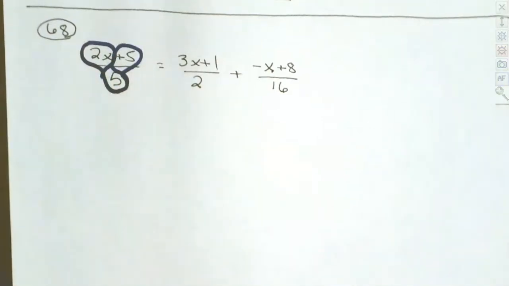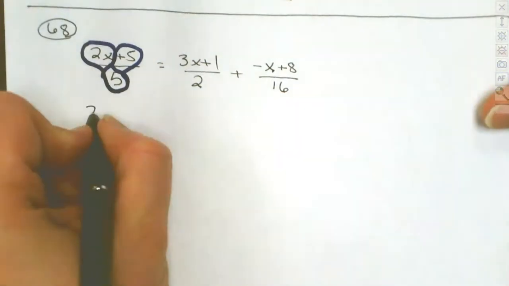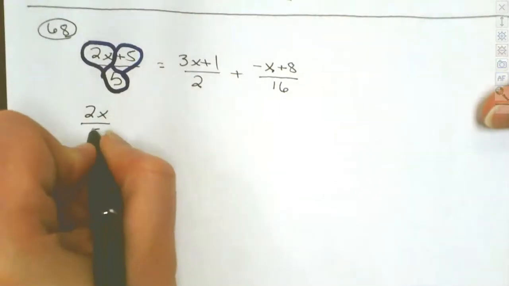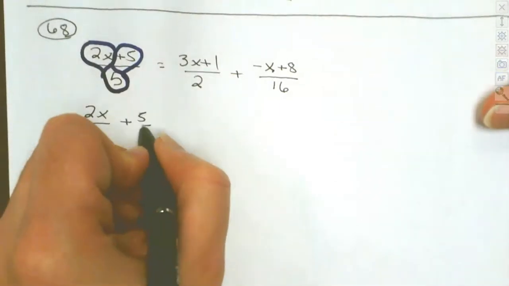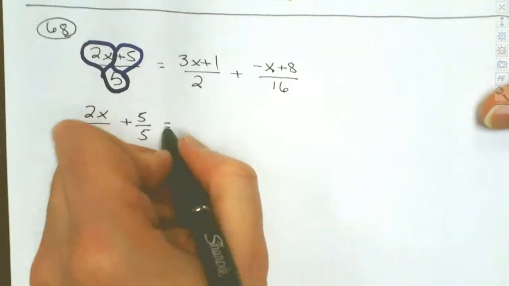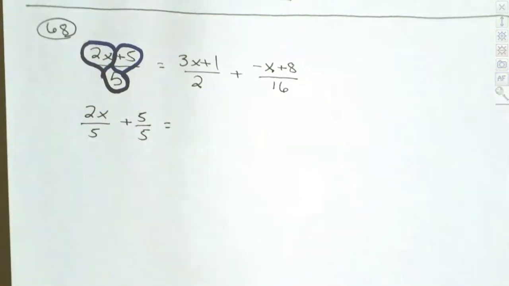And we can reduce these down, but I'm just going to leave them as they are. And we'll clear them out by multiplying. You can reduce them down if you want to. I usually just write them as they are. So we have 2x over 5 plus 5 over 5. Now again, that 5 over 5 could be written as a 1. Doesn't matter. I'm just going to leave it as a 5 over 5.